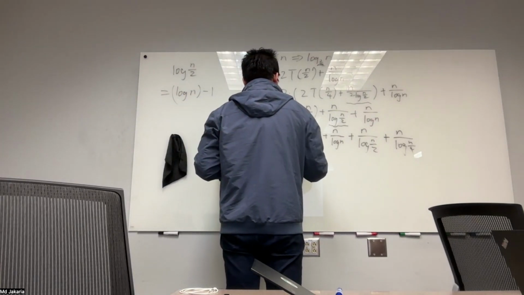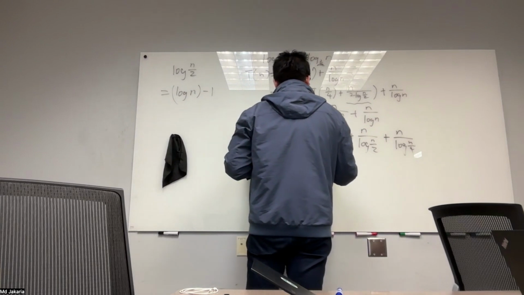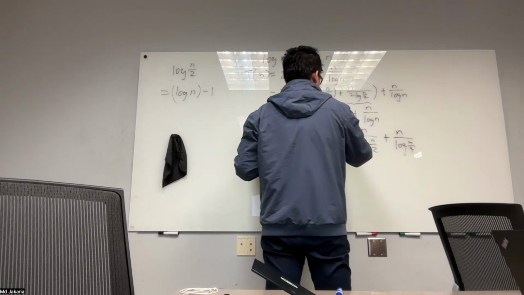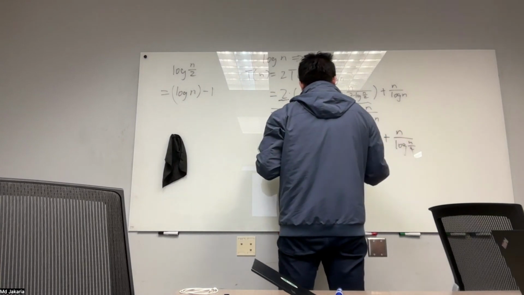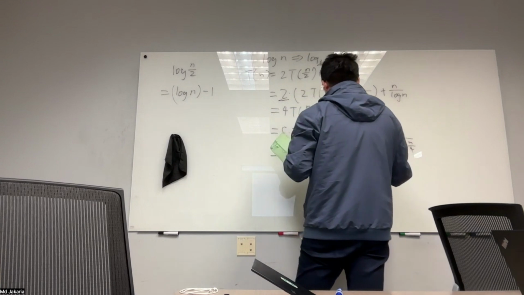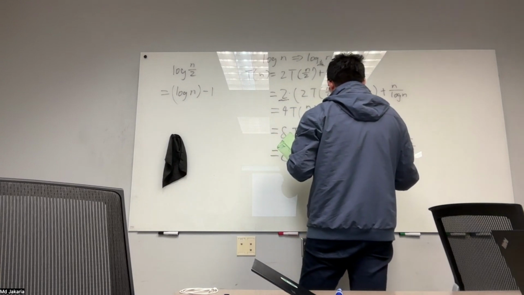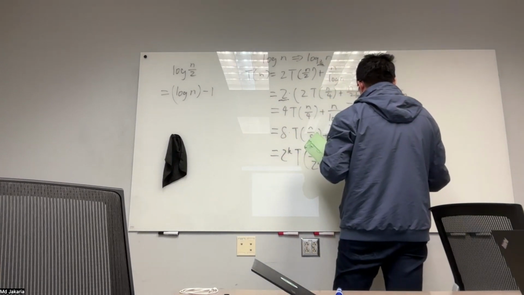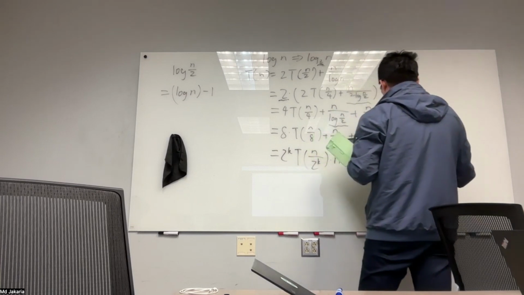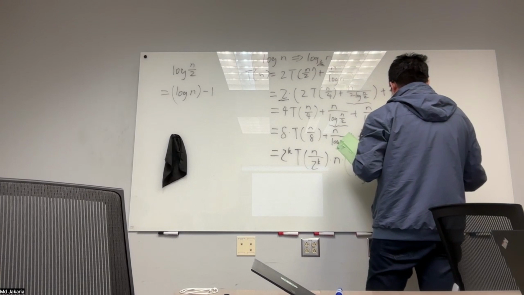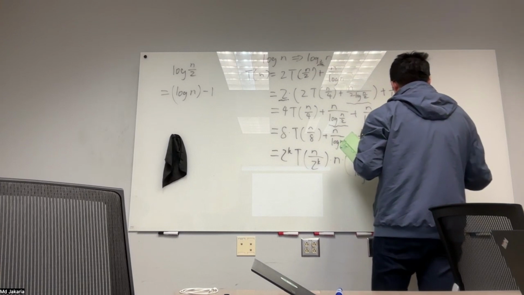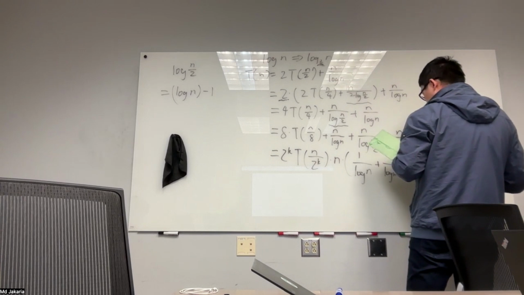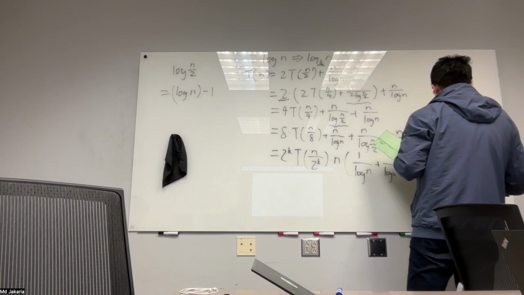That comes to 2 to the power of k times T of n divided by 2 to the k, plus we can get the n out of it. So n times 1 over log n plus 1 over log n minus 1 plus 1 over log n minus 2 and so forth, plus 1 over log n minus k plus 1.